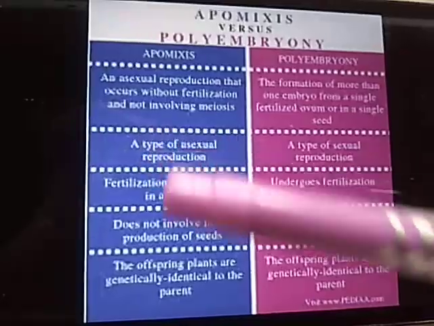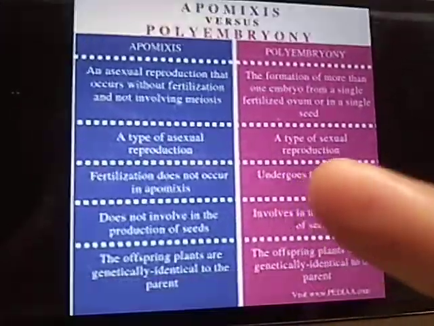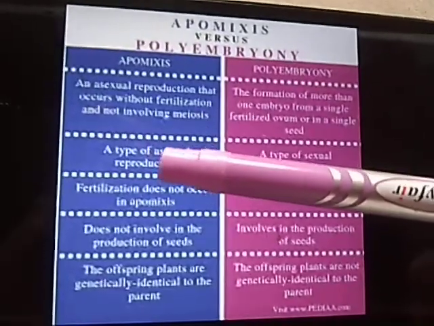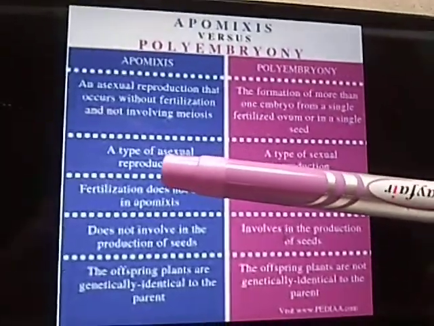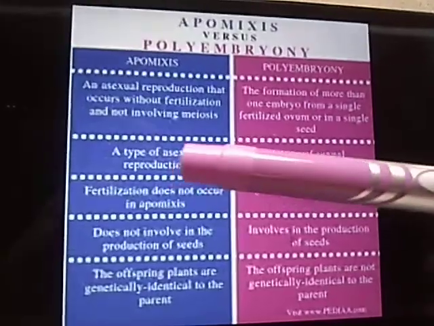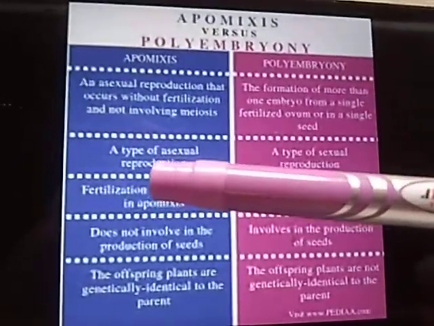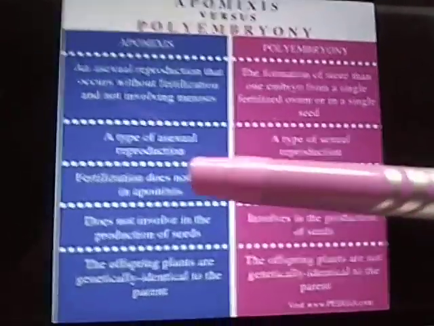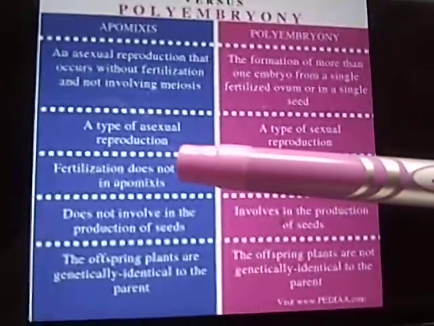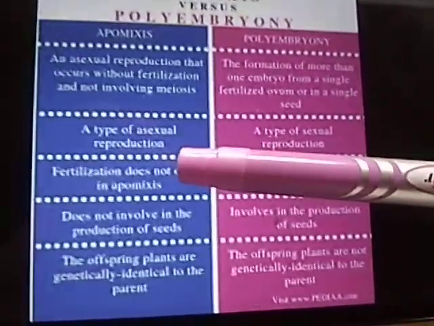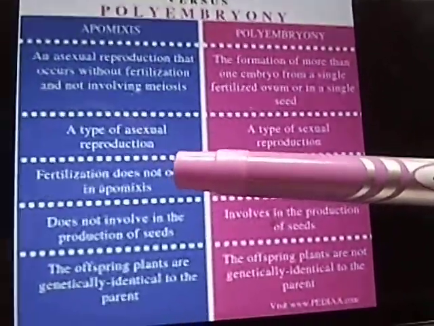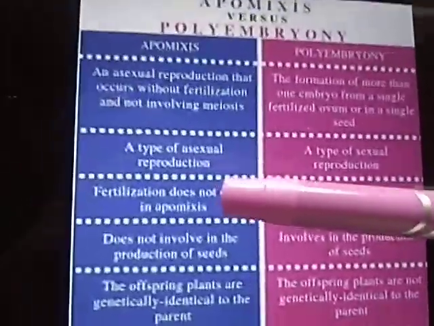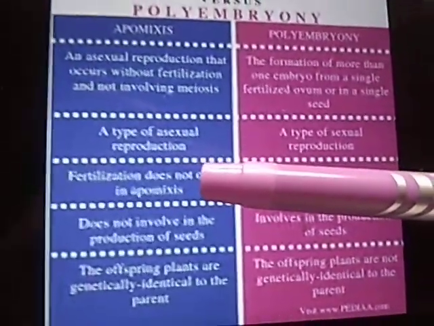Apomixis is also used in agriculture because it is very important. If the plant produces seed by apomixis, this is very helpful for hybrid varieties, because whenever hybrid varieties are sown in the next generation and pollinated, segregation takes place and they lose their hybrid characteristics.